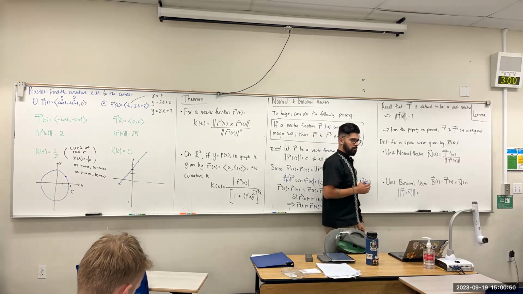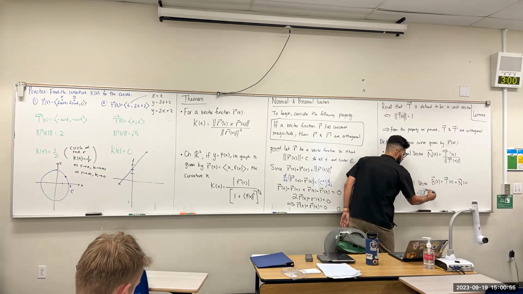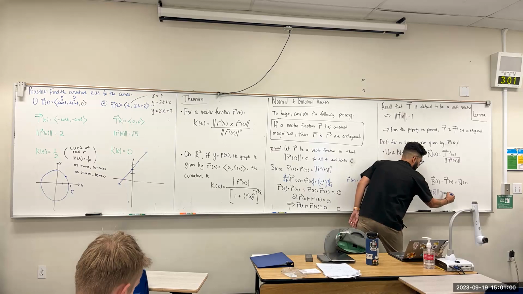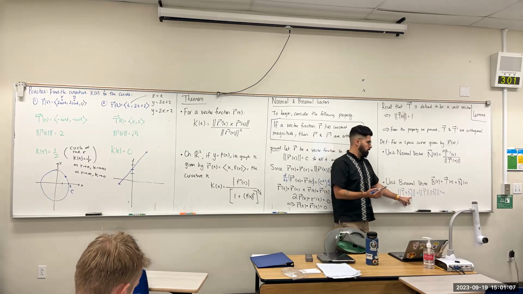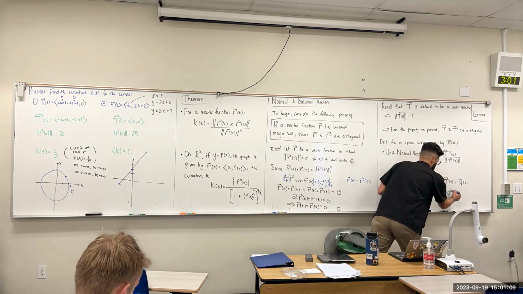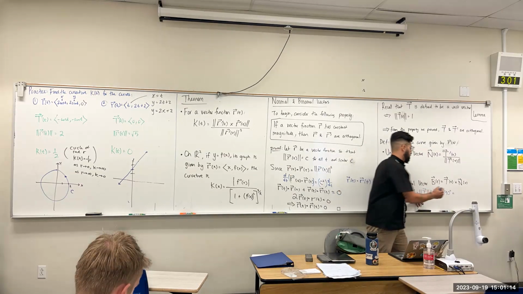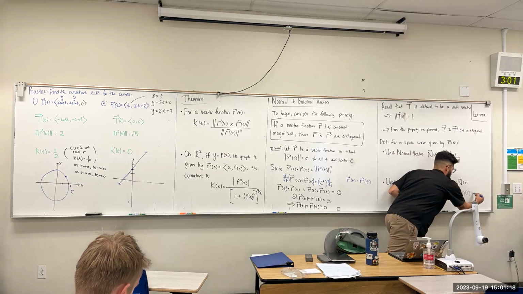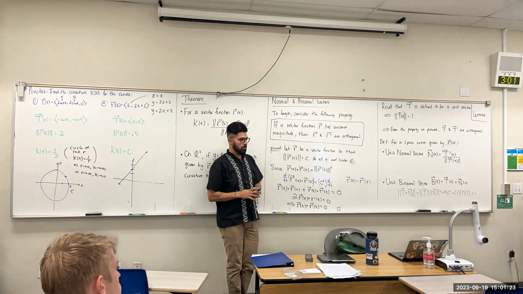It's the sine one. The magnitude of T times the magnitude of N times the sine of the angle between these two vectors. What's the angle between them? 90 degrees. What is the magnitude of T? 1. What is the magnitude of N? 1. What is sine of 90? 1. Bam. Math, baby. Just kidding. So it's indeed a unit vector.